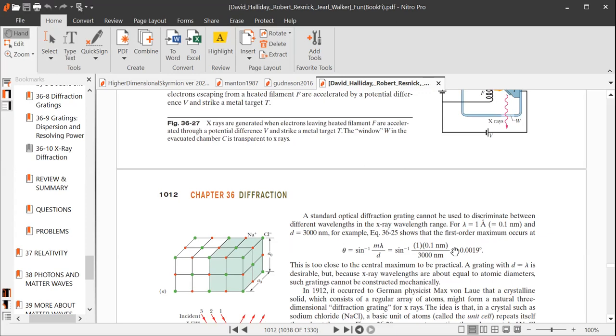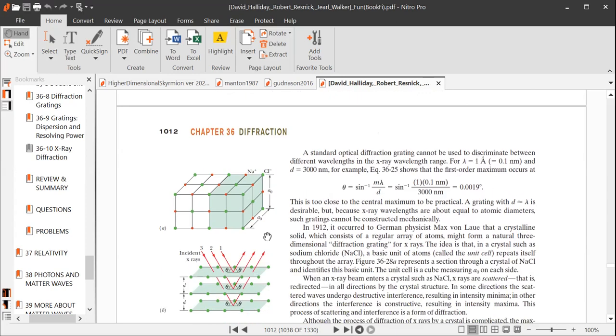Because the distance between the ions in this crystal is around 10 to the minus 10 meter, we should use a wavelength of about that size, and this is exactly the X-ray wavelength.